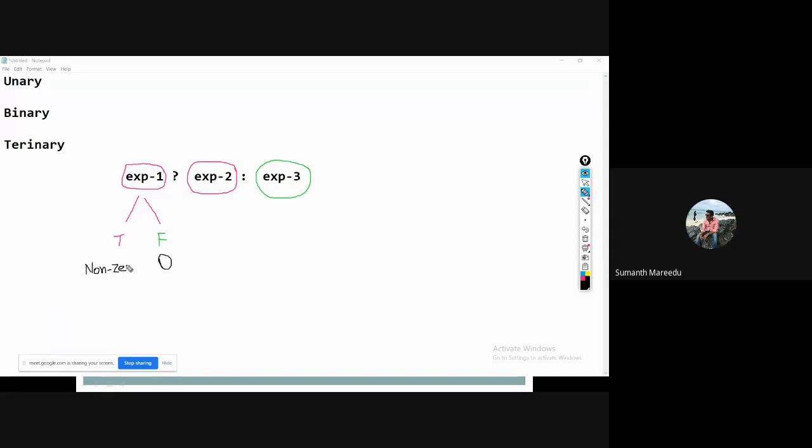Any non-zero is considered as true, and 0 is considered as false.